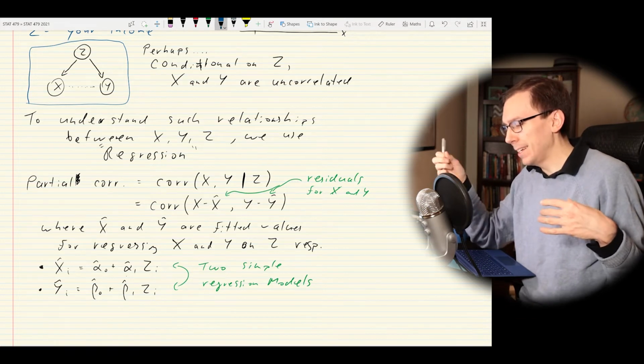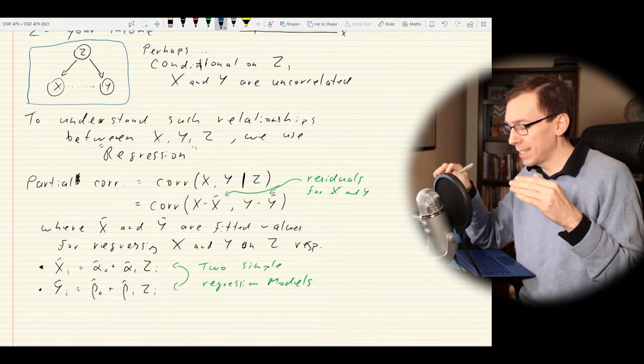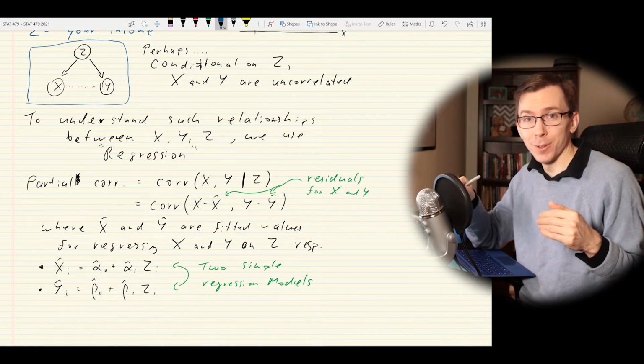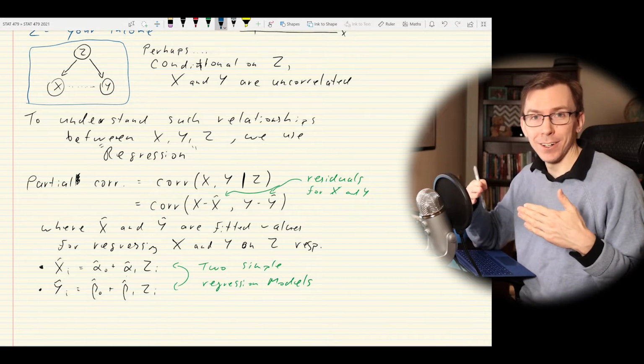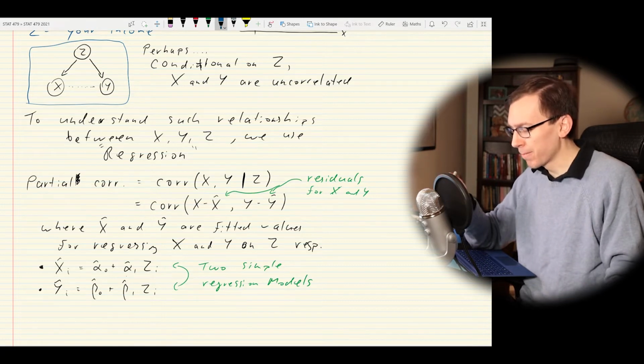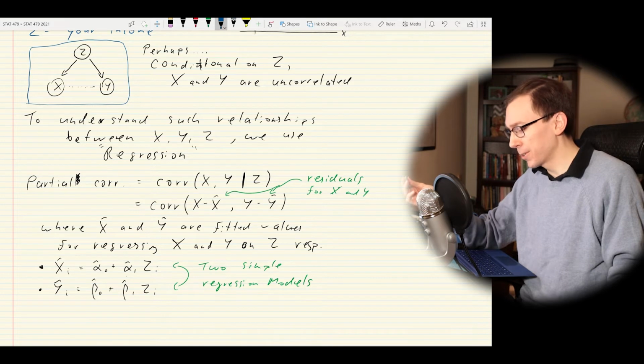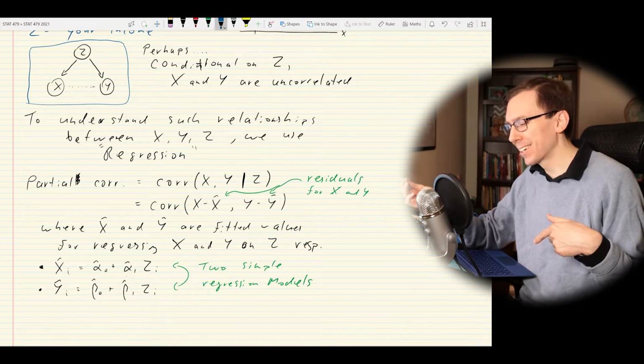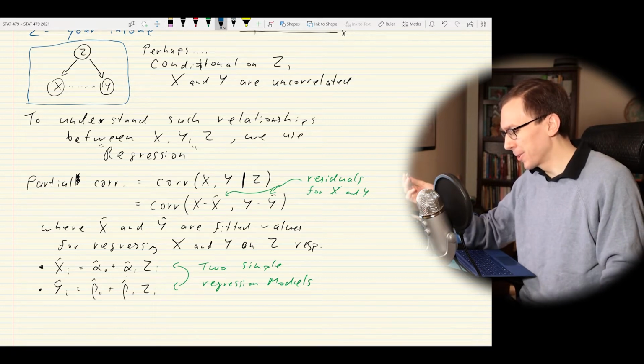If z is able to do a good job predicting x and y, and their residuals don't seem to be interacting at all or have any correlation, then we have that graphical structure. If we compute the partial correlation, and well, I guess no, that would be correlation if the two are connected. If the partial correlation is 0, it means that probably z doesn't do a very good job at predicting them at all. That's actually interesting.